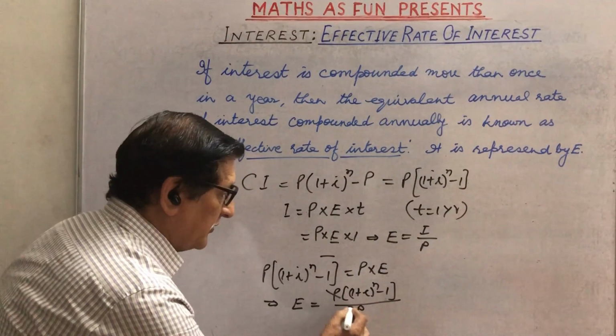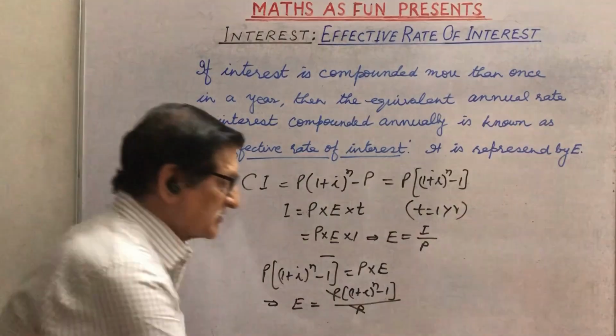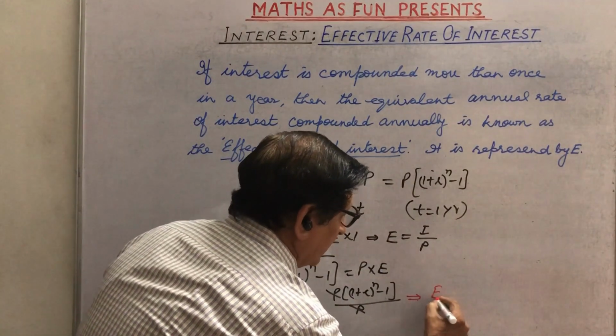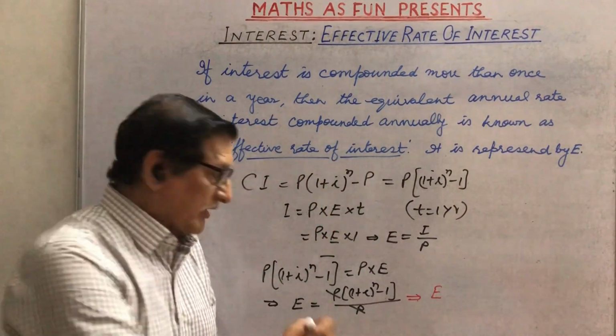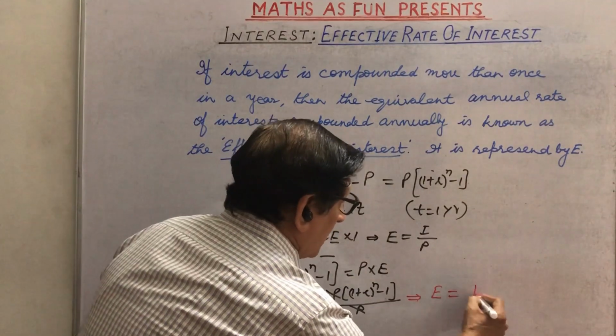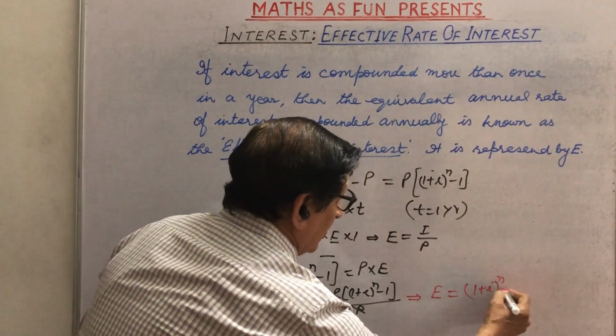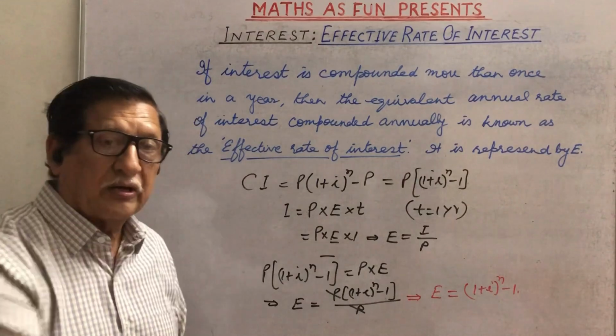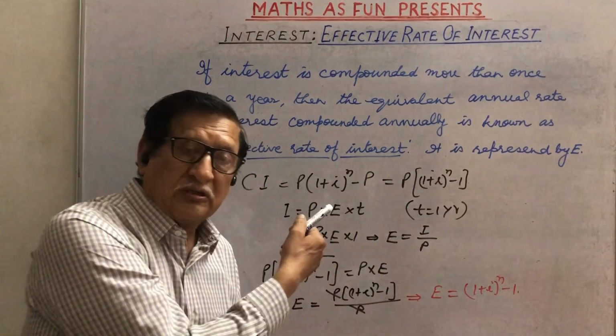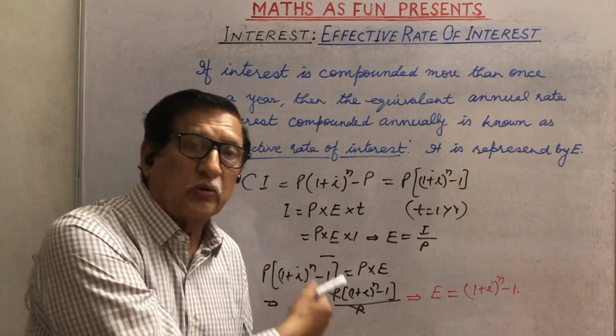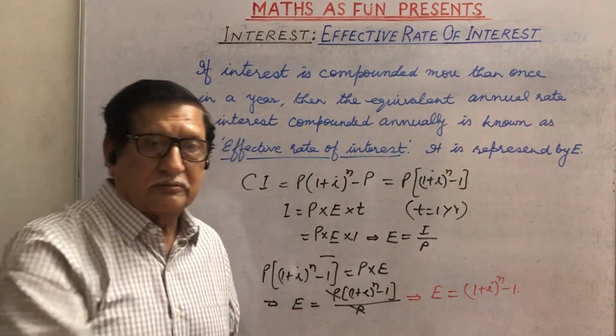This P and P cancel. It means the formula for the effective rate of interest we can directly apply is (1 plus i) power n minus 1, where n is as many times the interest is compounded in a year.